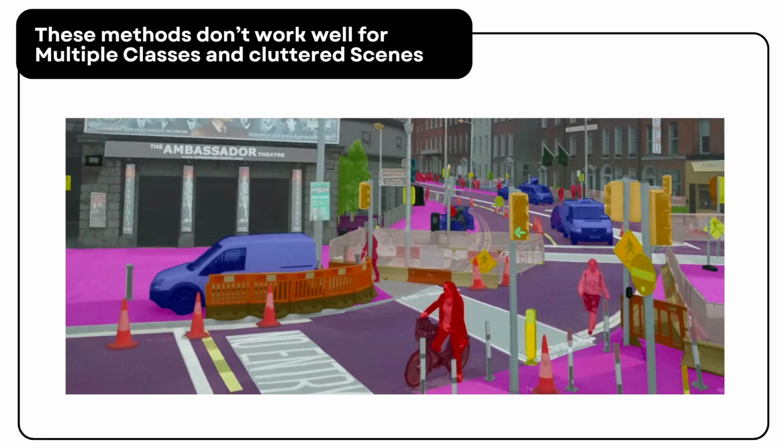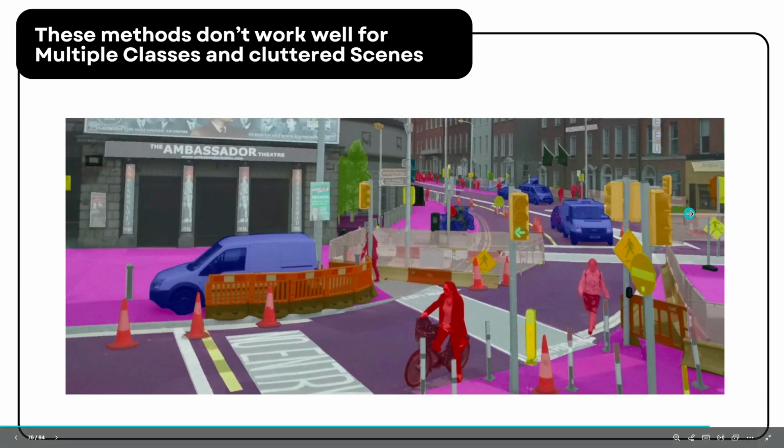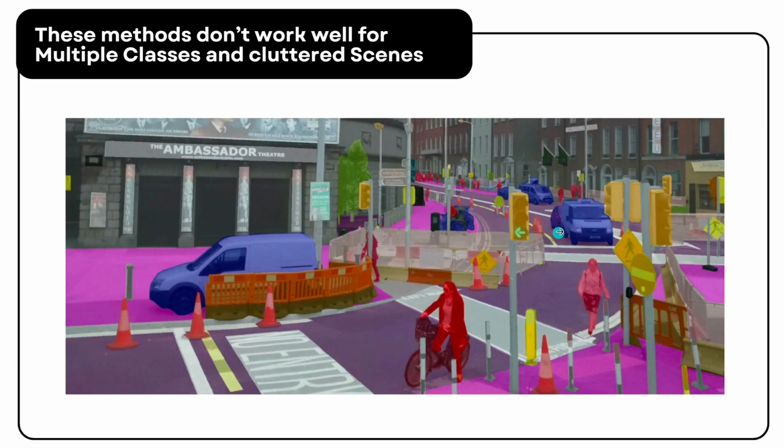In this image, as you can see, a typical urban street with people, vehicles, and road markings are all packed closely together. Classical methods don't have the semantic understanding to distinguish between all these different object types. They only group pixels based on basic similarity like color or texture.